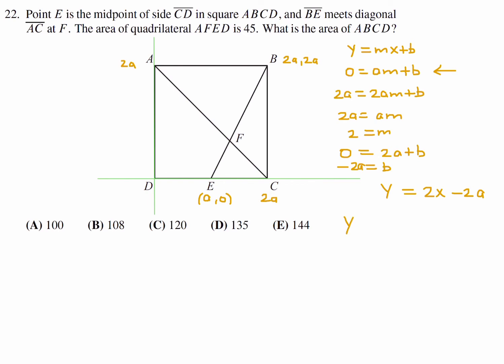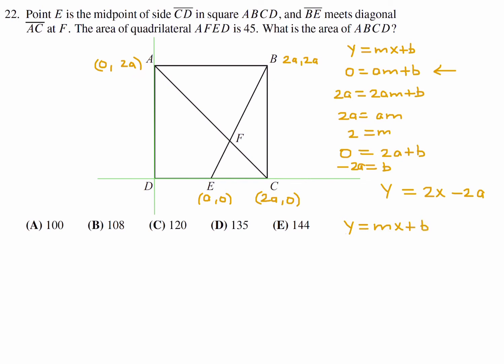We substitute in, this is (2a, 0), and this point actually right here would be (0, 2a). So substitute in either one of those. Let's put in the 0 for the x first, so y is 2a. So y is equal to mx plus b. Substitute in this point.